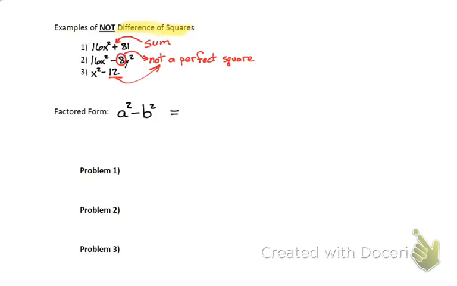If we have a difference of squares, the way you factor this is it's going to turn into 2 binomials. And you take the square root of the first piece. So the square root of 1 is just 1. And the square root of a squared is just a.